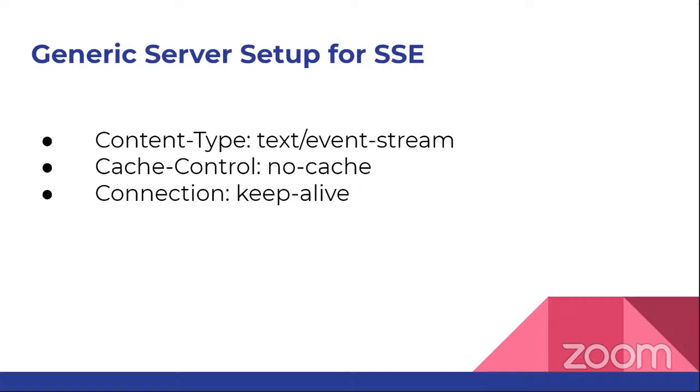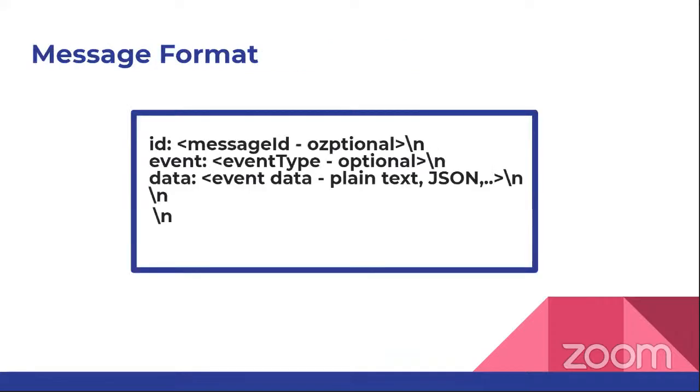So that is why the content type has to be set to this in order to receive this. And it is extremely easy to set this in Python, Node.js, or Ruby, or Go or anything. You just need to set these in the header, and the response that is sent back has to follow this particular format. Now, if you do these two things, you can establish an SSE server. Now, if you look at this message format, it is basically how the response is going to look. You see it has three parts to it: an ID, an event, and a data.